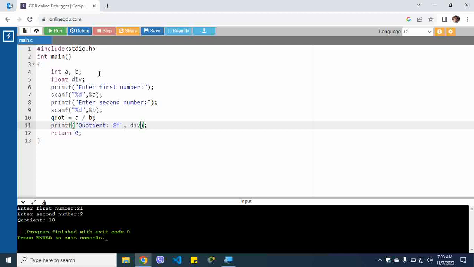Here is div, division. When you divide, you can use percentage f.